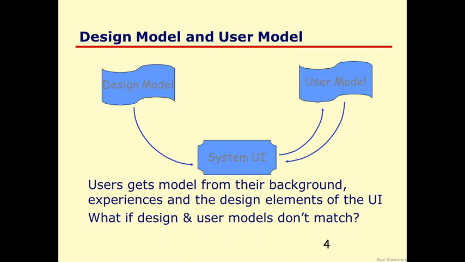What if the design and user model do not match? For example, if you are habitual of driving a Maruti Suzuki four-wheeler and you know how it works, the difference between Maruti's and Hyundai's four-wheeler is that the two knobs for starting the wiper and the indicator on the rod are exactly the opposite.